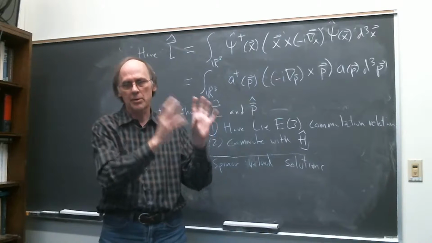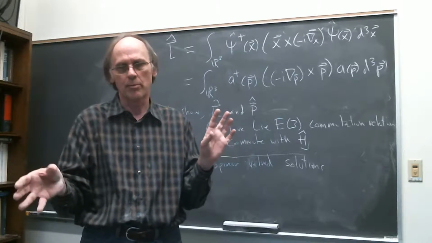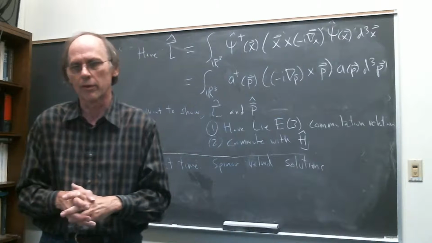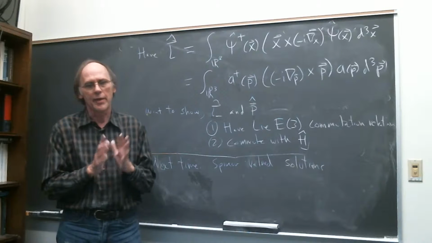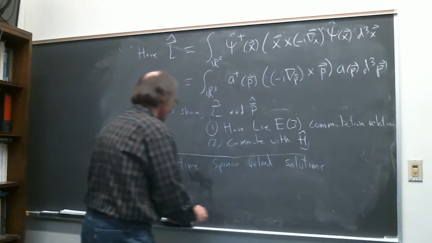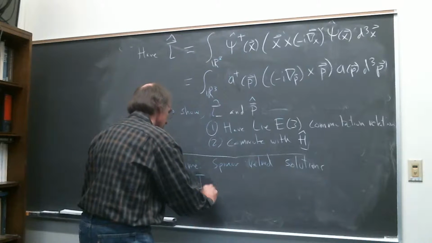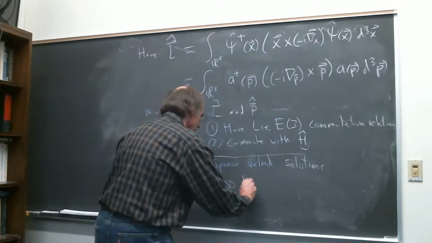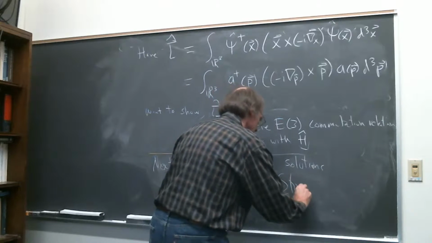Once you know the commutation relations, you don't have to worry about which representation you're talking about, because they're all unitarily equivalent. That's the so-called Stone-von Neumann theorem. The thing to note is that in infinite dimensions, there's no Stone-von Neumann.